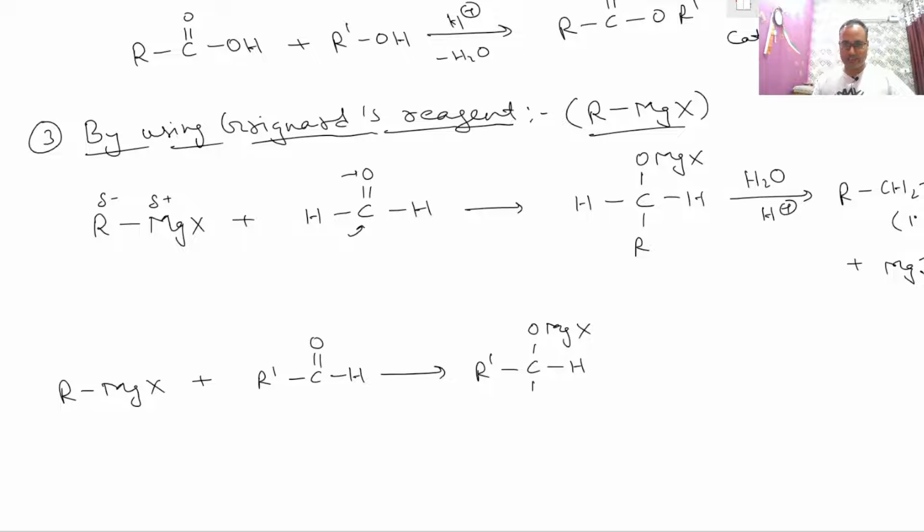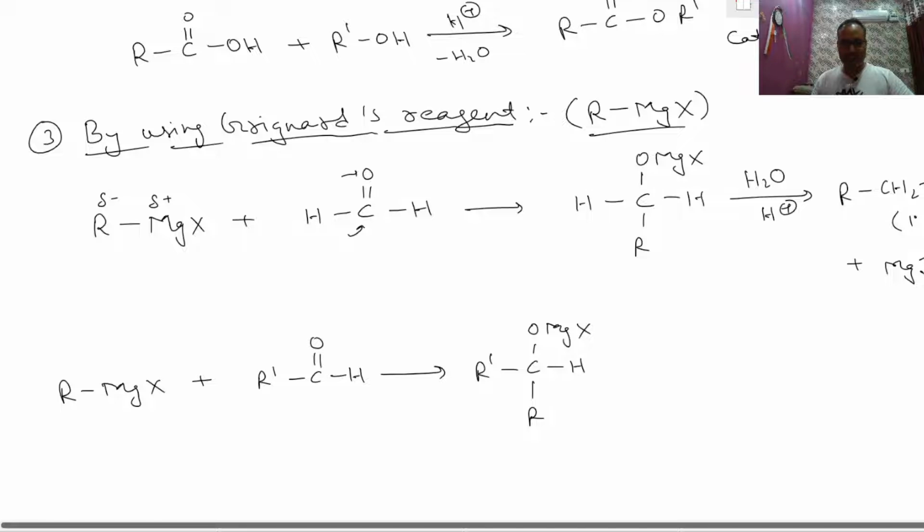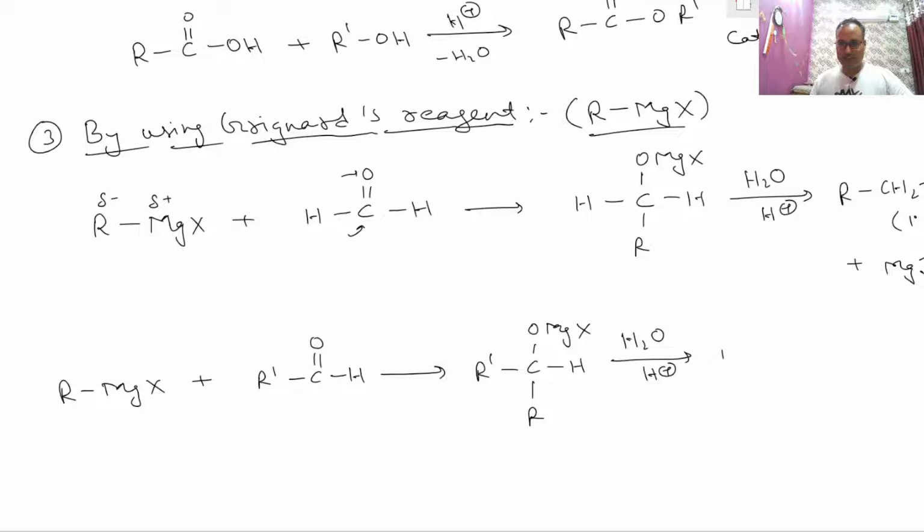Over here is the hydrogen, over here is the other alkyl group which comes from the Grignard reagent. Then if we add water into it in acidic conditions, the cleavage of this addition product leads to the formation of R' CHOH R, plus MgOHX as a side product.